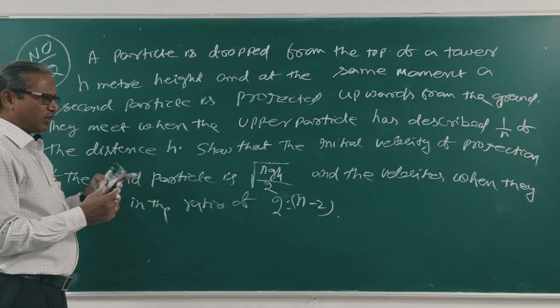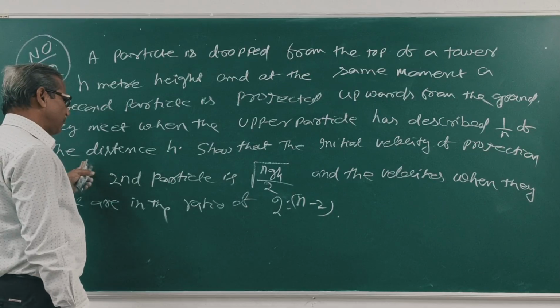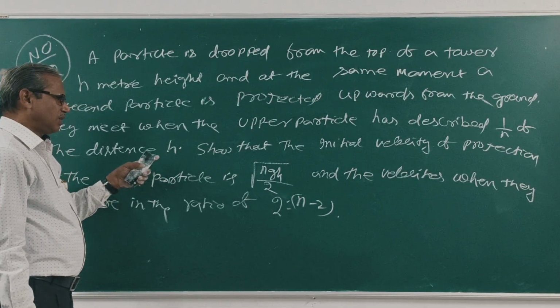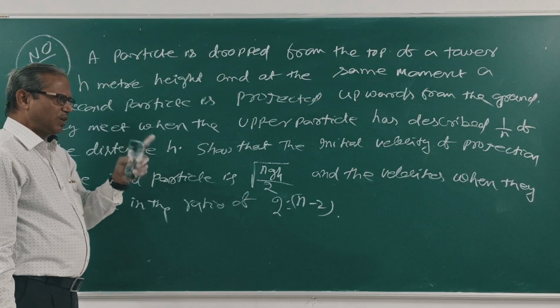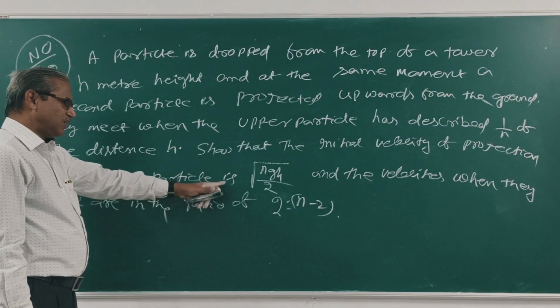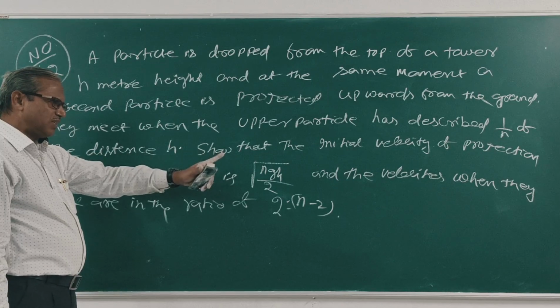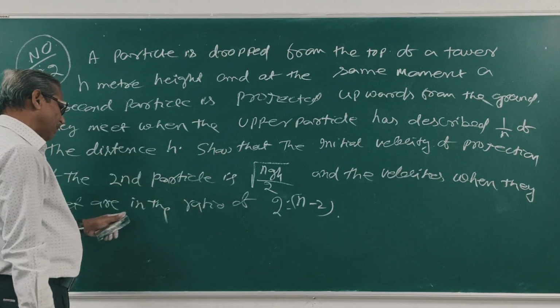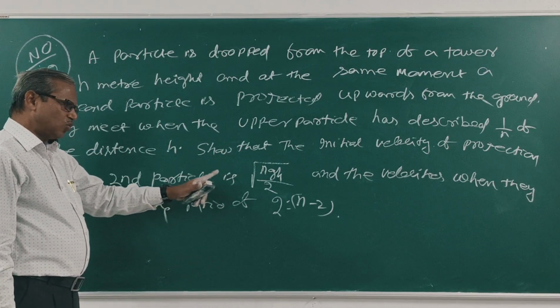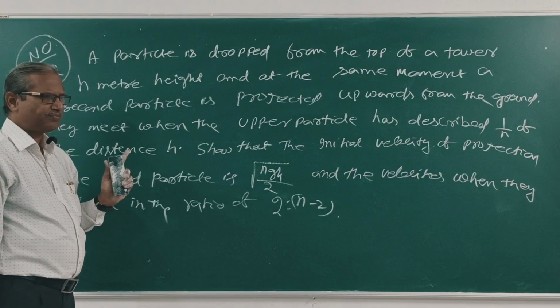They meet together when the upper particle has described 1 by n of the height h. Prove that the initial velocity of projection of the second particle is root over ngh by 2, and the velocities when they meet together are in the ratio of 2 is to n minus 2. Clear?